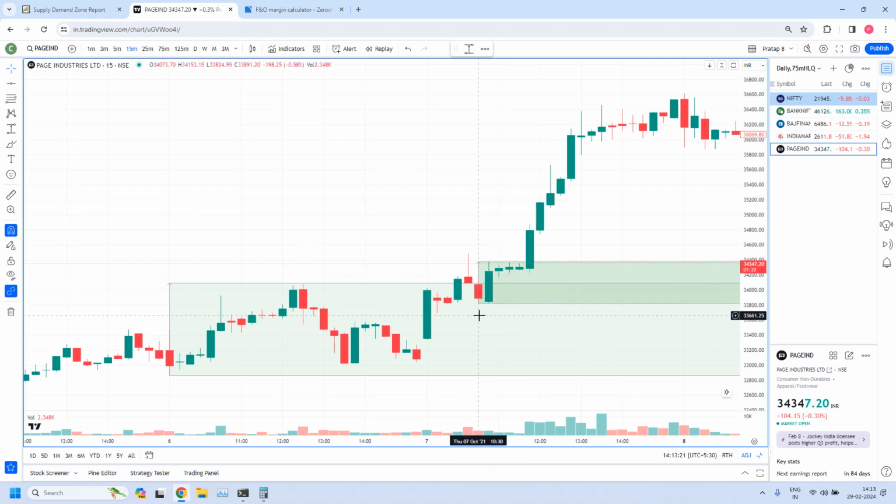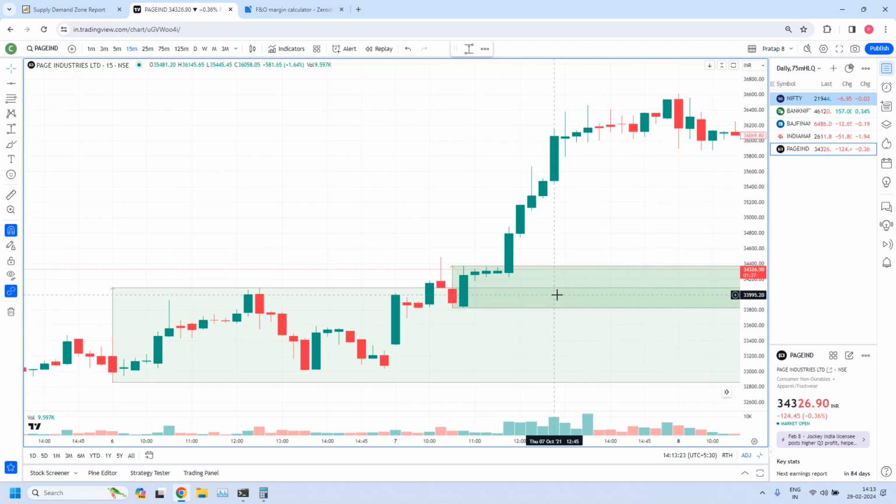Or you can also consider this a base candle. Maybe sometimes you compromise and we draw. This is a leg candle. This is a leg candle. These two are base candles. So the proximal we can draw like this.